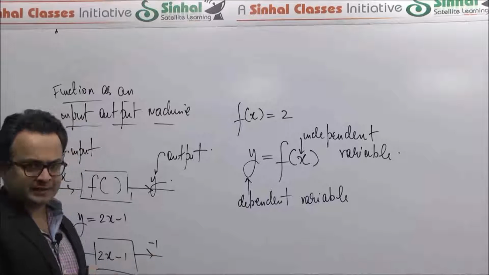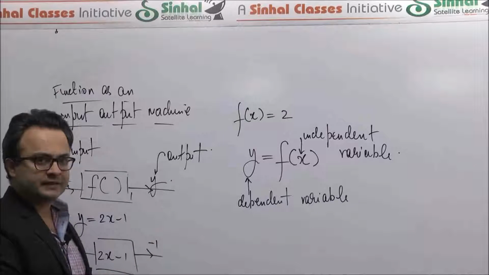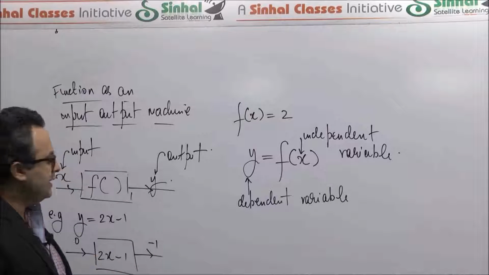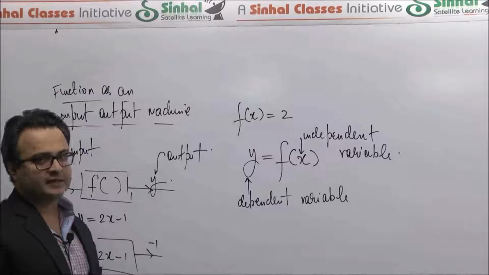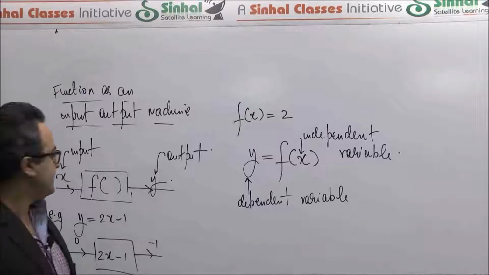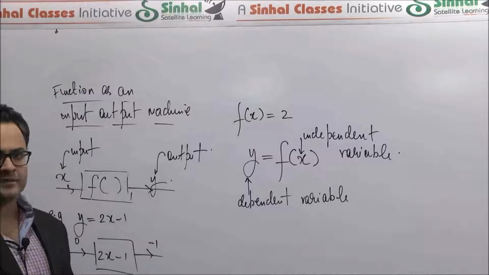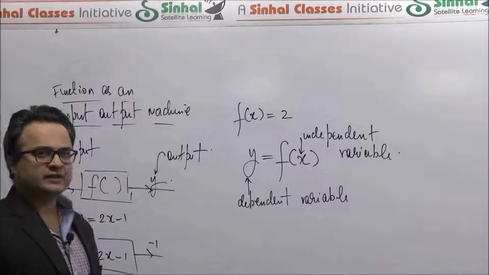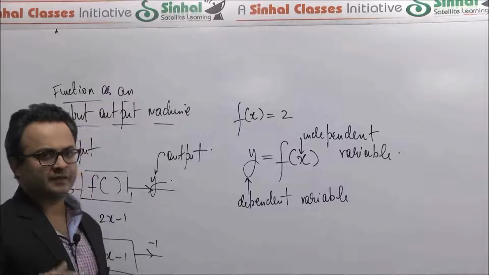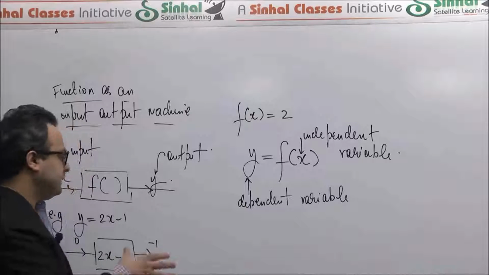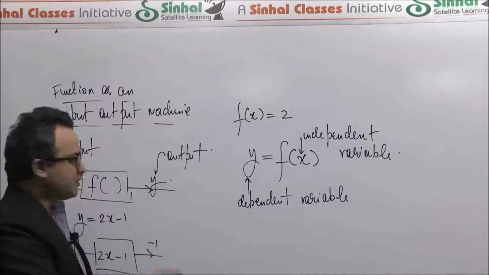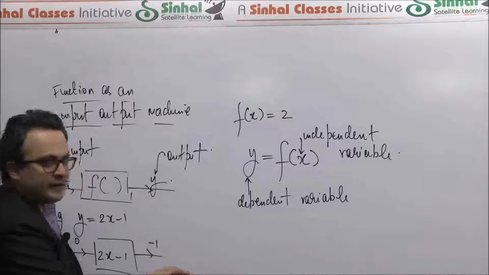The function is essentially the circuit which is transforming the input value, and the output will, as we've discussed, depend on two essential things: the exact value of the input that has been given, and of course the way the function has been defined, or the kind of circuit that is there in the machine. Whatever the output is will be stored in the dependent variable y.